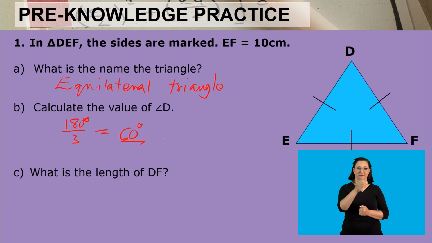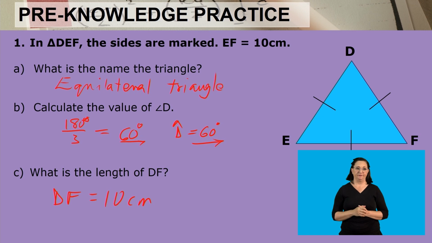So angle D is 60 degrees. What is the length of DF? We go back to the question. The question said EF is 10 centimeters, and the marking says it's an equilateral, all the sides are equal. Therefore, DF is also equal to 10 centimeters. Let's move on.